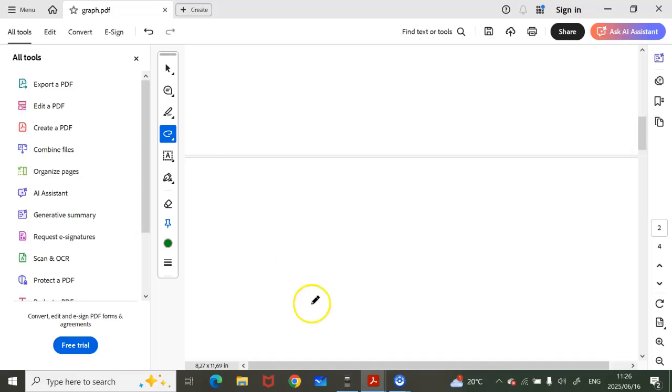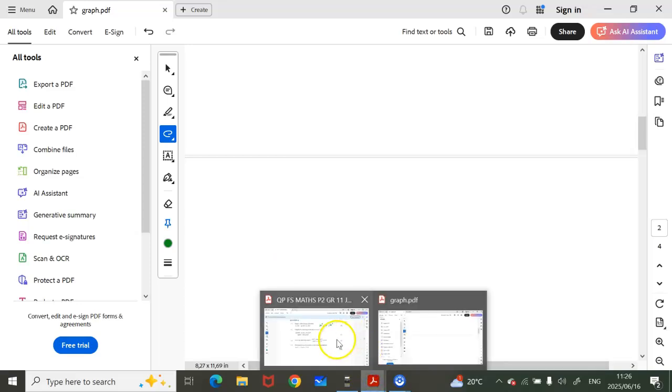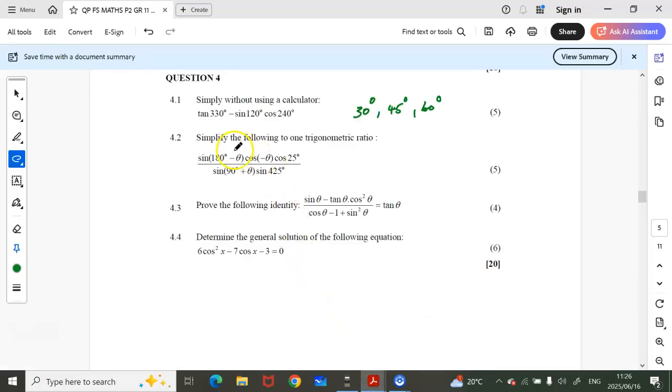What does number 2 say? Let's see the question. Simplify the following to one trigonometric ratio. Most of the time, I think the very important thing is the sign first. You reduce and you have to be careful about the signs.